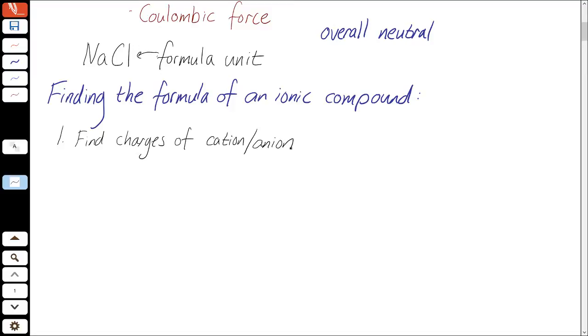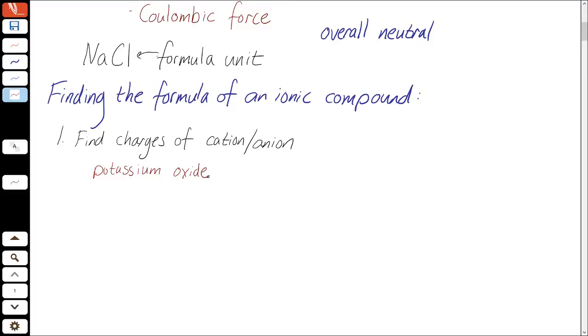Okay. So let's say we want to write down a formula for potassium oxide. So the first step is let's find the charges of the cation and the anion.